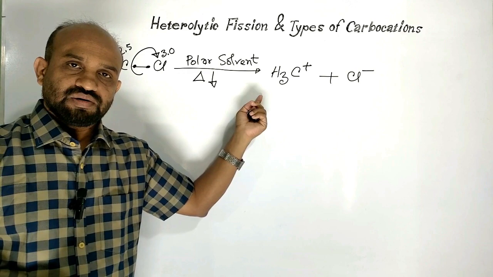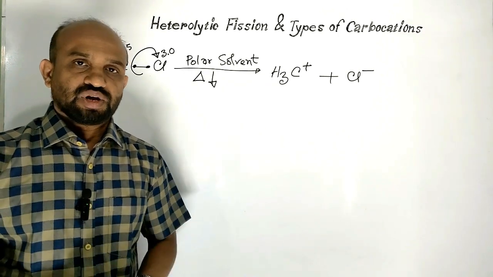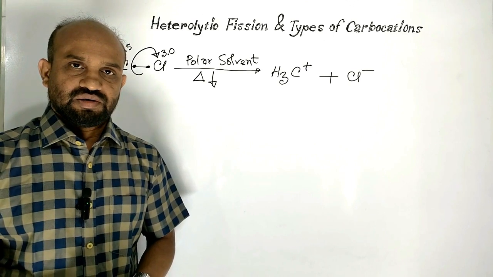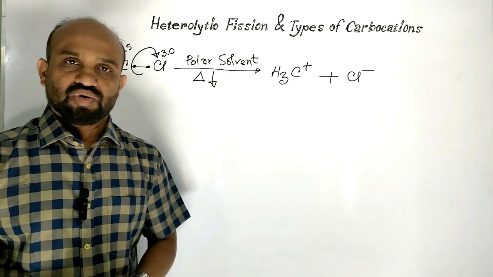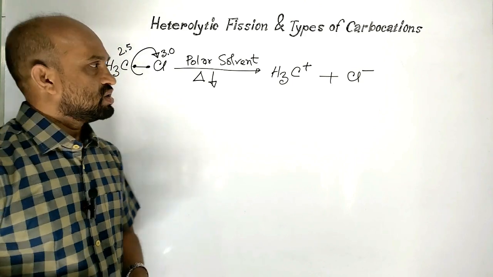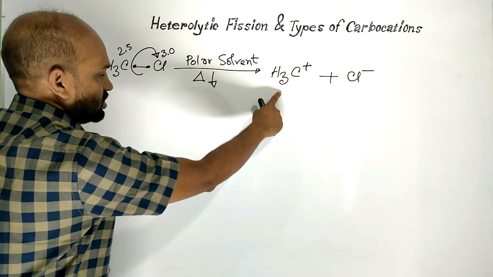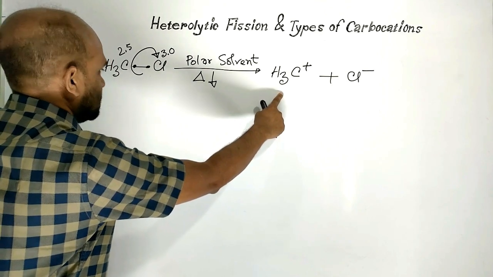This cation with carbon positive charge is known as carbocation, which was formerly known as carbonium ion. Here we got methyl carbocation or methyl carbonium ion.